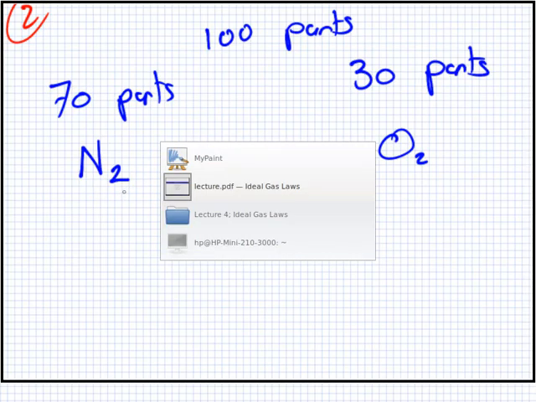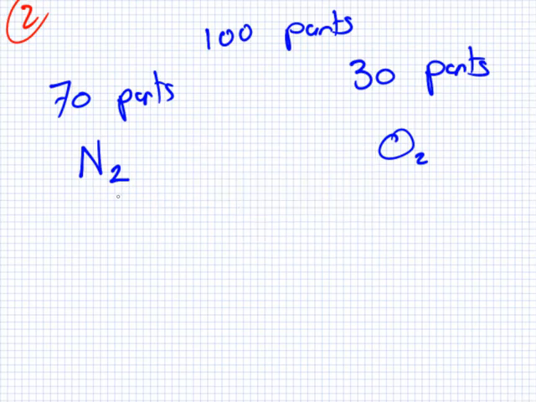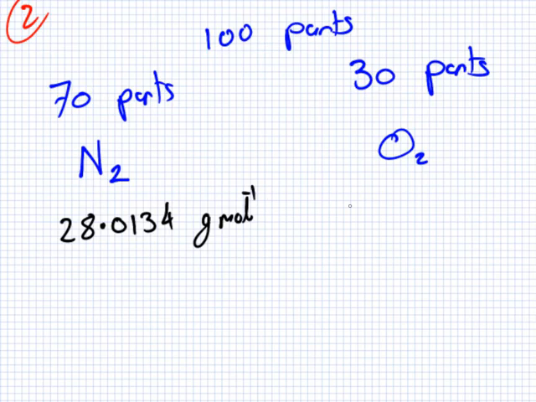What's the molar mass for nitrogen N2? 28.0134 grams per mole. And then for oxygen, what is it? 31.9988 grams per mole.